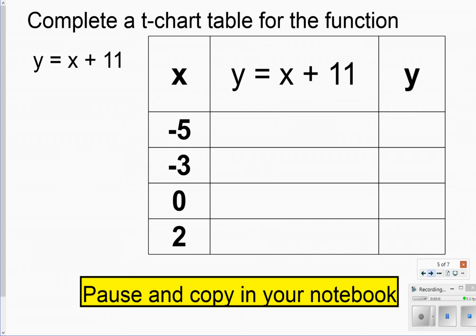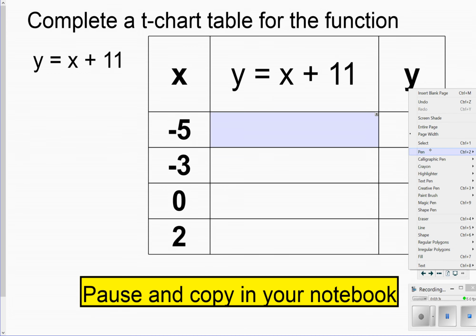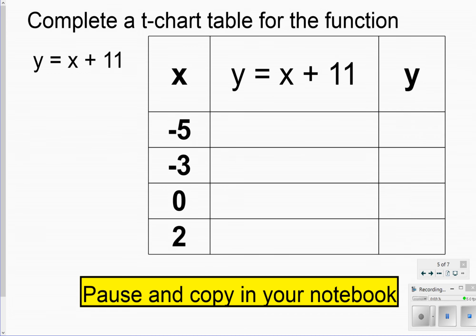Excellent. Well, here we're given a variable expression, y is equal to x plus 11. So we want to figure out what the value of y is going to be. We're given some x values, and we want to plug them into our expression to figure out what the value of y will be. So here we go. -5 plus 11.